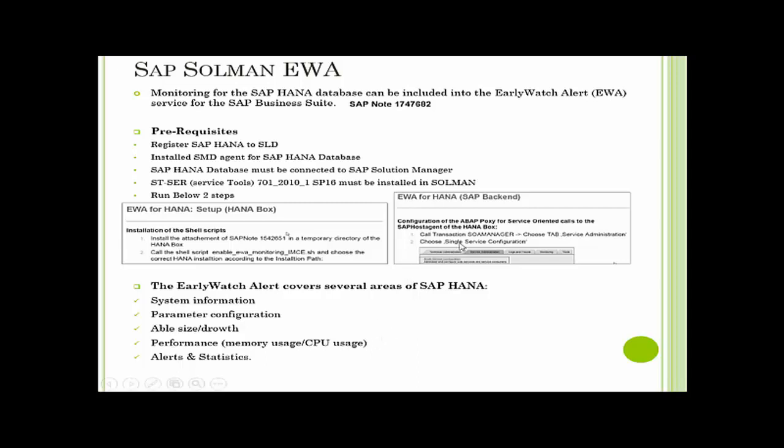As I said, the minimum is release 720, support package level 84. So anything above that must be installed. And we have to call the transaction Service Manager in the SAP backend and configure the service configuration. And then we are good to use the early watch alerting.